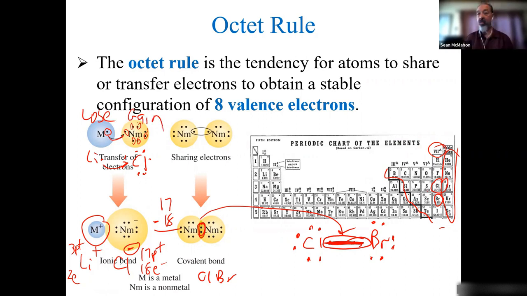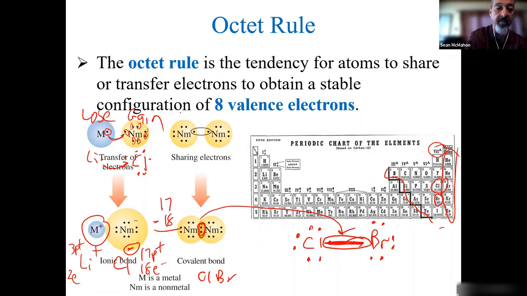If there's no metals around, now the non-metals are kind of saying, hey, I still don't have an octet, but I know you don't want to lose yours because you're not a metal and you don't have a few valence electrons. You have a lot, but I'm willing to share with you.